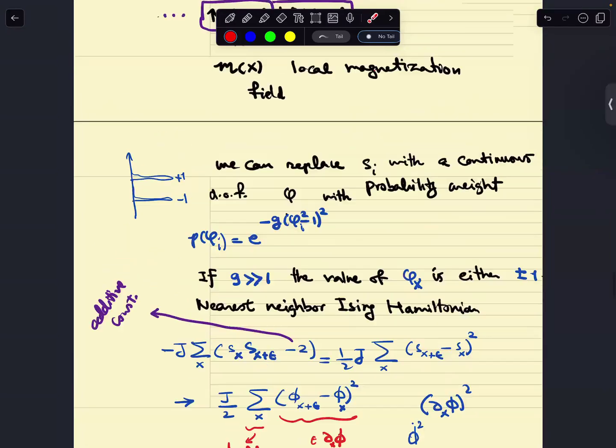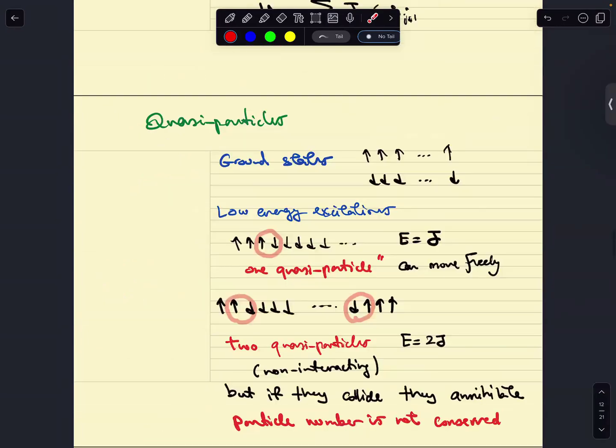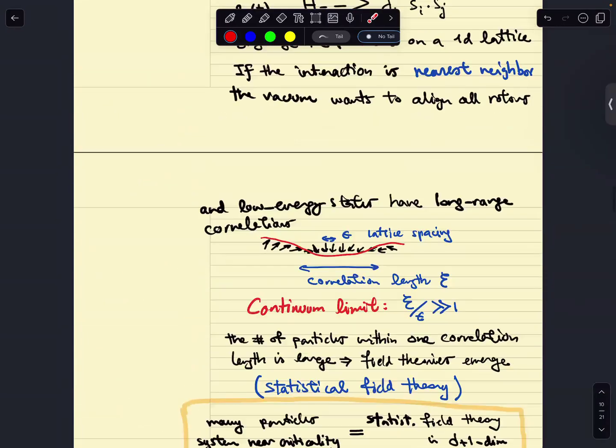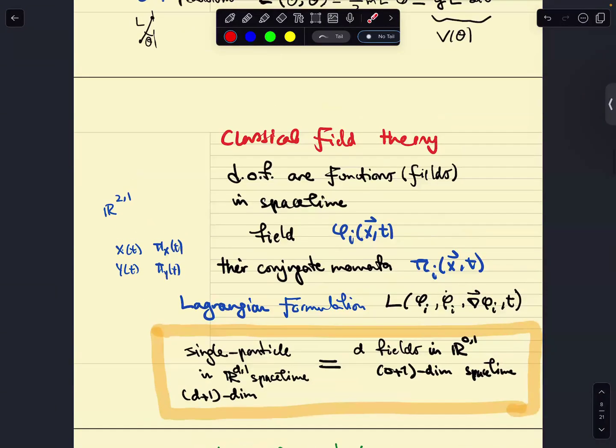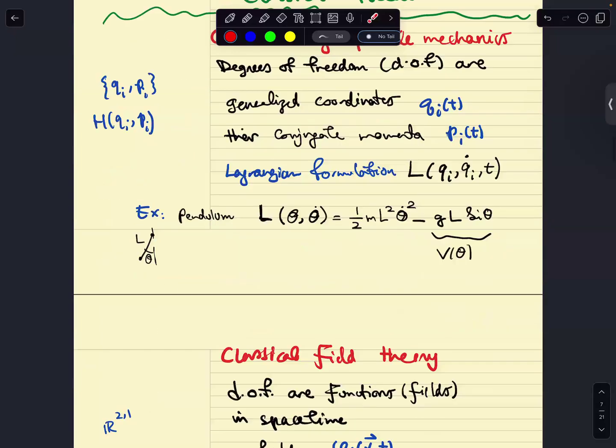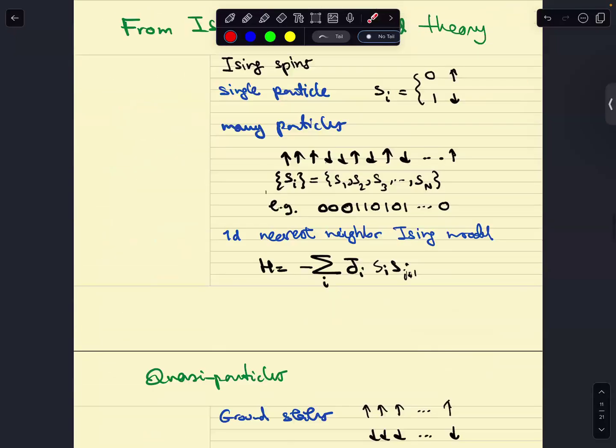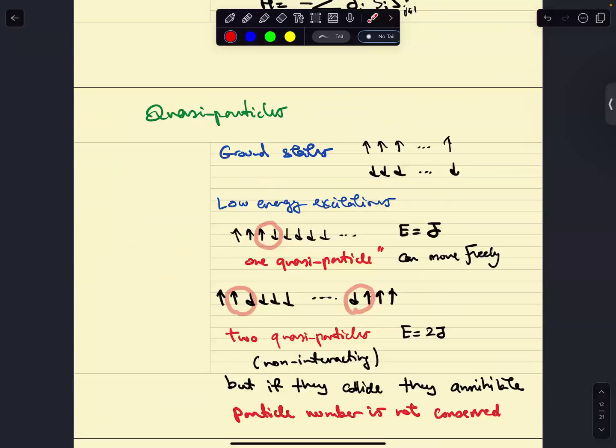Well, I gave an example, right? Where was it? This one, right? This is an excitation, one excitation, that can move freely in space.